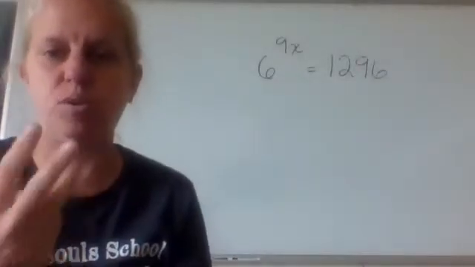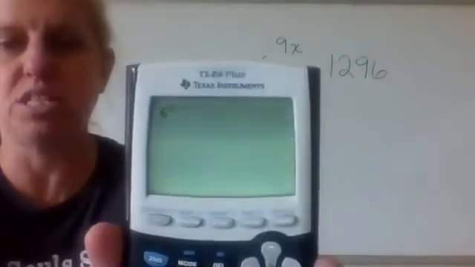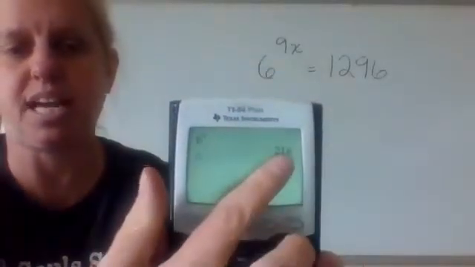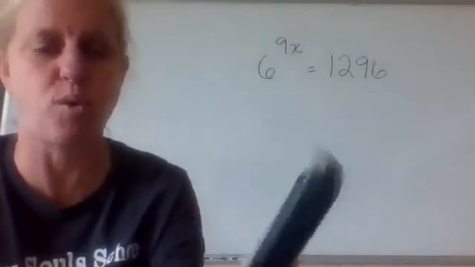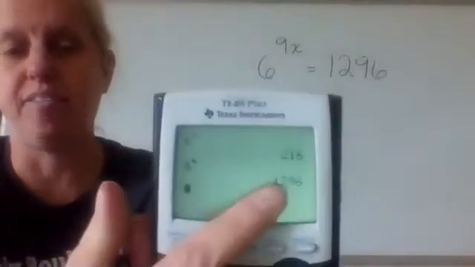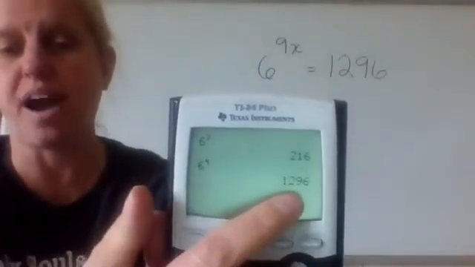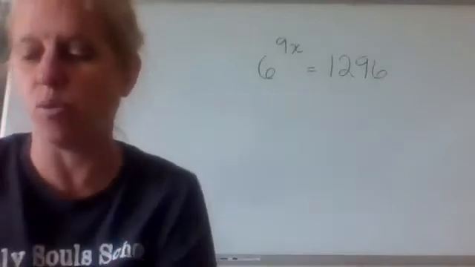I always just like to start with to the 3rd power, and if I need to go up or down from there. So 6 to the 3rd gives me 216, which means I still need to go up, right? So let's try 6 to the 4th. And that gets me to it, right? So instead of writing 1296 on the right, I'm going to write it as 6 to the 4th power.